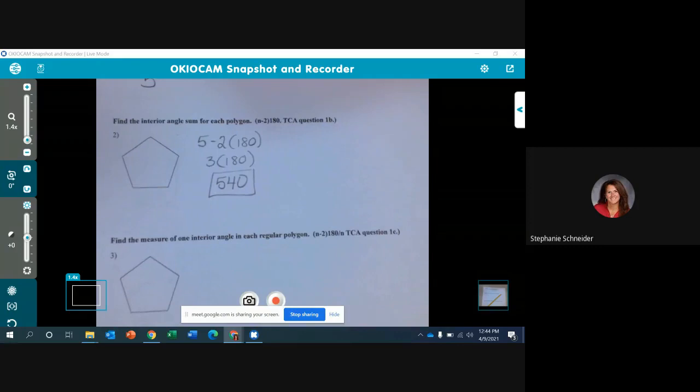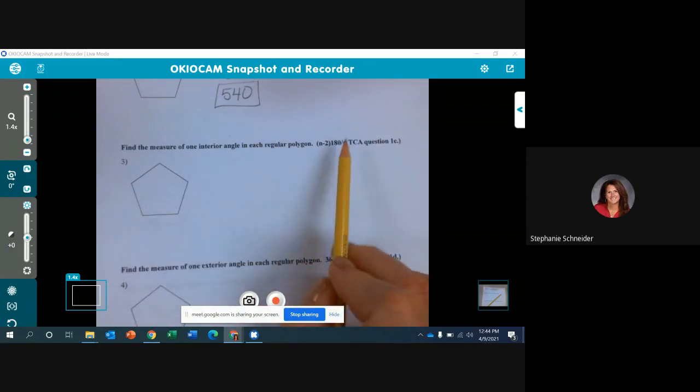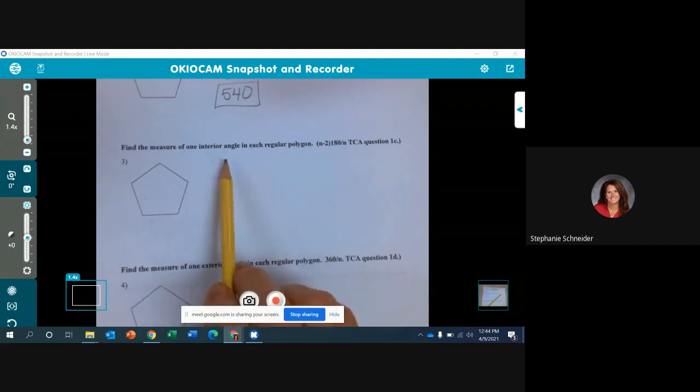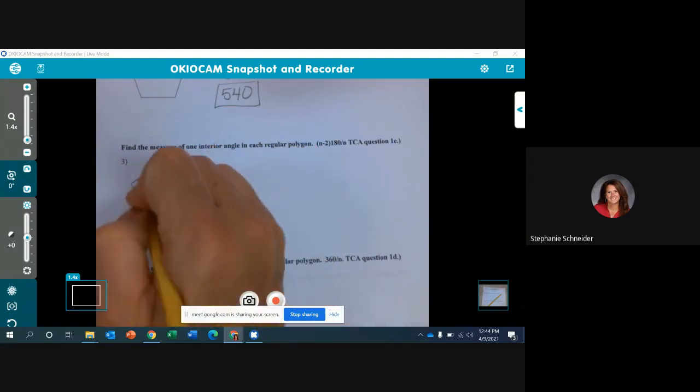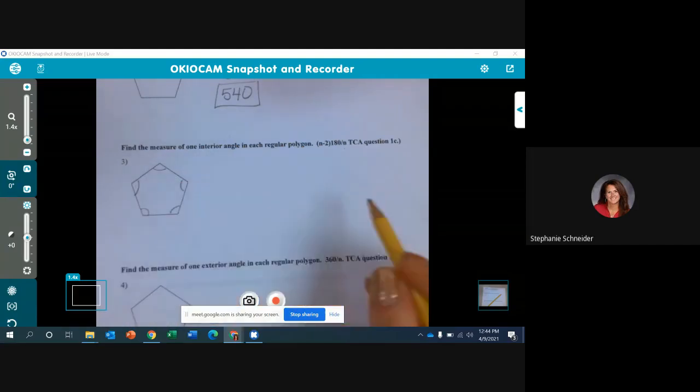Okay. Number three. For number three, it says find the measure of one interior angle for each of the regular polygons. Okay, again, you're still going to use the same formula that we did here, but when we get our answer, we have to divide it by the number of sides because we want each angle. So we want this angle, this angle, this angle, this angle, and this angle.